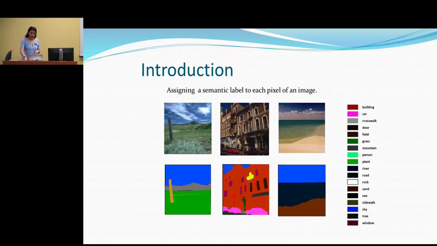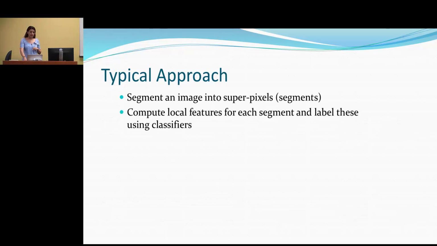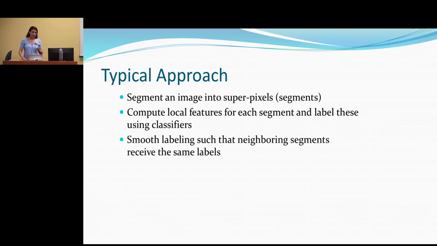and etc. So the typical approach for this problem starts with segmenting an image into superpixels, then using some local features and also using some classifiers to label these segments.